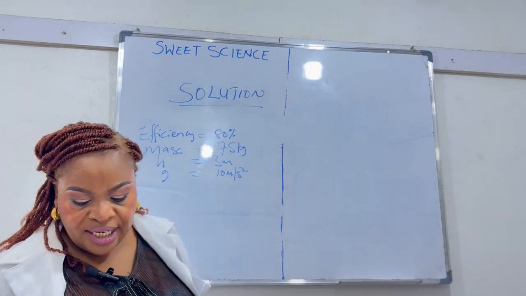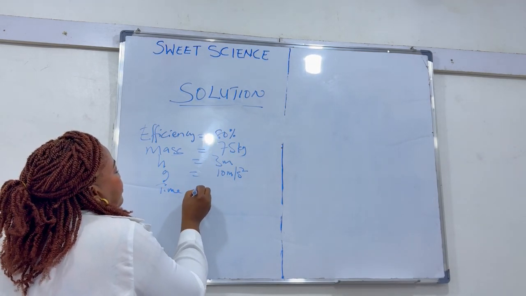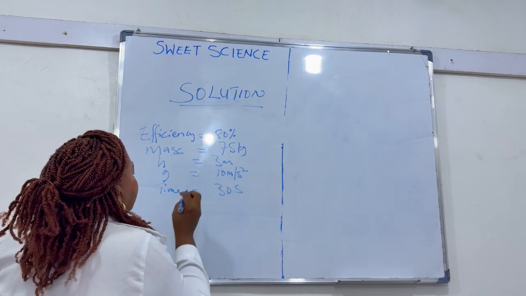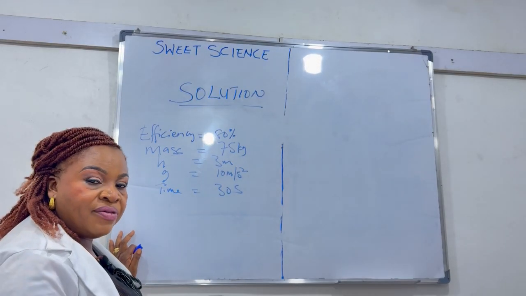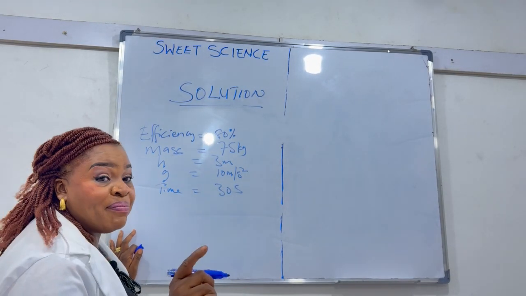What else is given? In 30 seconds. So time is given, 30 seconds. Now the next thing is for you to write the formula for finding efficiency in machines.